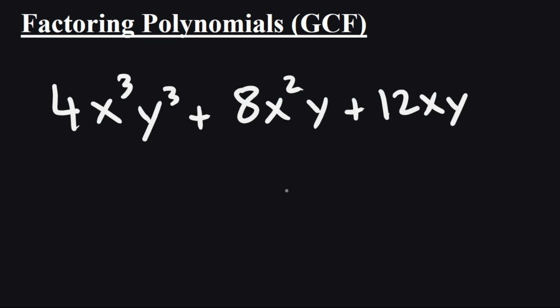Okay, so this is slightly more complicated, but we want to find the greatest common factor. That is our goal. Let's find the GCF and use that to factor this polynomial.